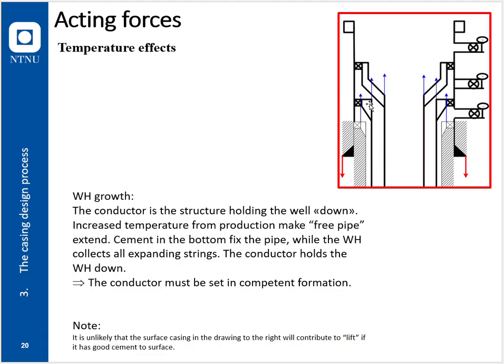All these blue arrows indicate that the stress is going on in the infrastructure, the casings of the pipe and that of the well, and that these are all cemented in the bottom.